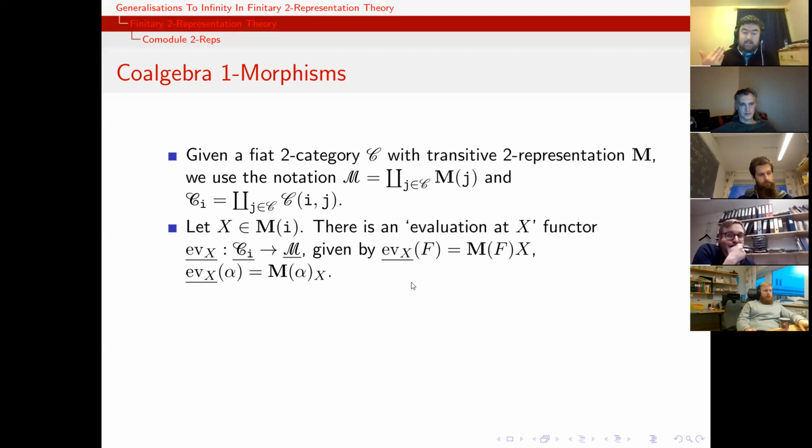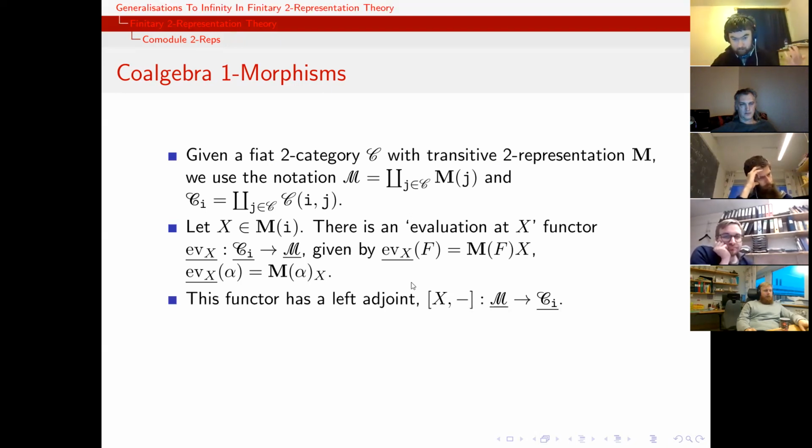So we take some X in M of i, then there is this evaluation at X functor, or technically abelianization thereof, from the abelianization of C_i to the abelianization of M, which is, as it says, evaluation at X. It takes some one morphism F to M of F applied to X, and some two morphism alpha to M alpha, and, since this is a natural transformation, to its component at X.